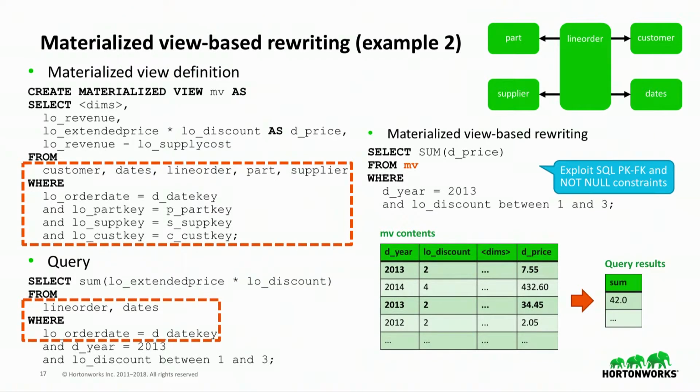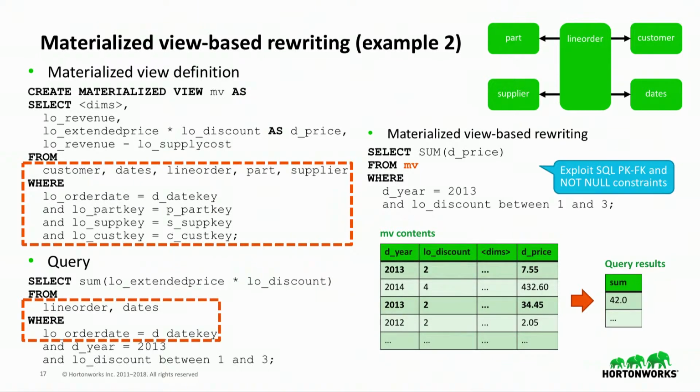Now, when the query comes, it filters by year and discount, and only joins 2 of the original tables, not the 5 that are stored in the materialized view, and then it does some aggregation on top. The rewriting can also exploit a feature that was included in Hive 3.0, the declaration of SQL integrity constraints.